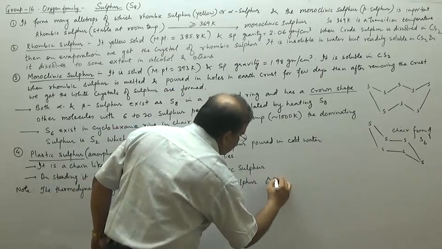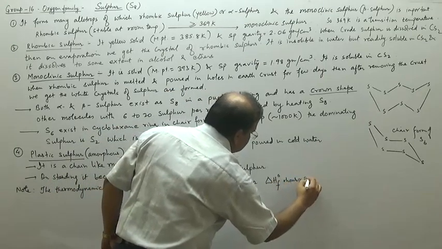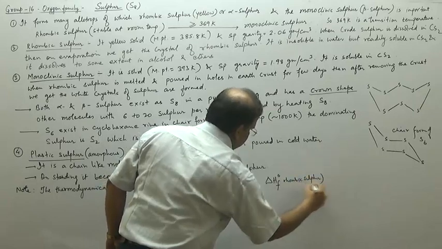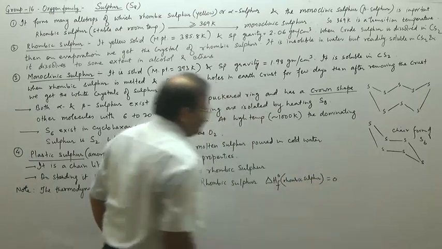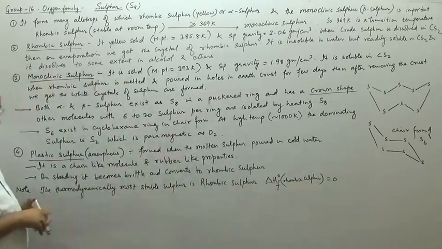So delta H of formation of rhombic sulfur is equal to 0. That's all about the sulfur.